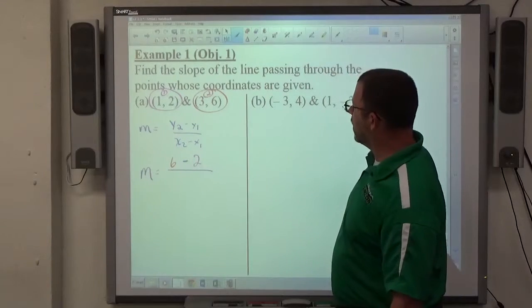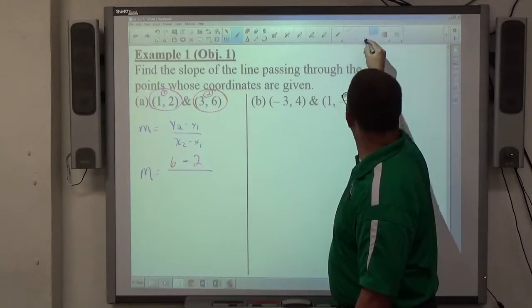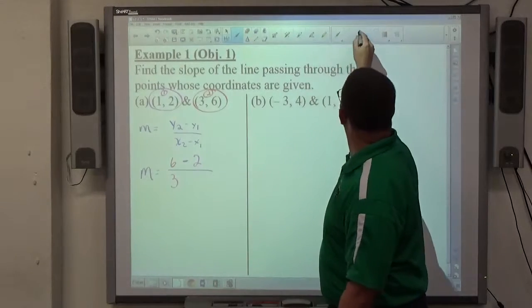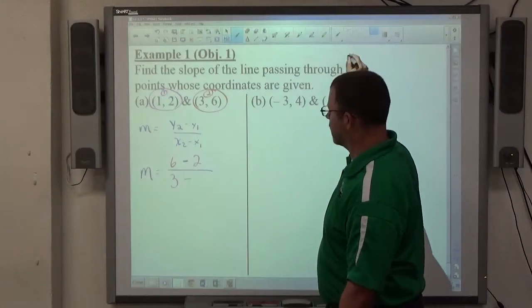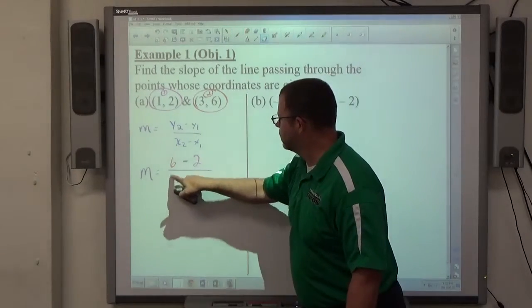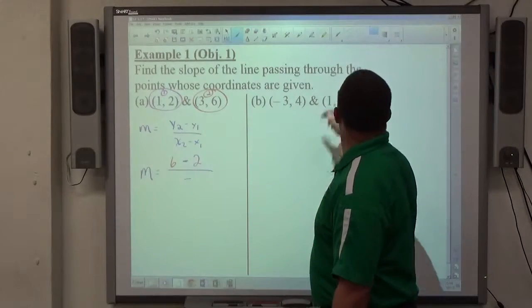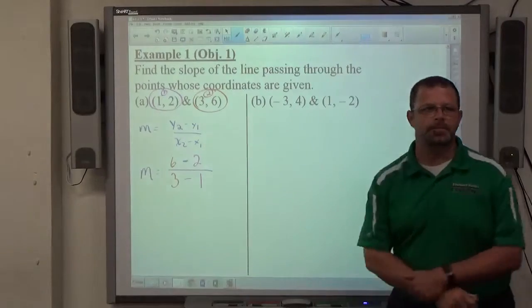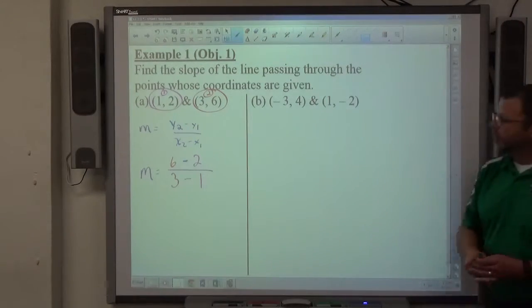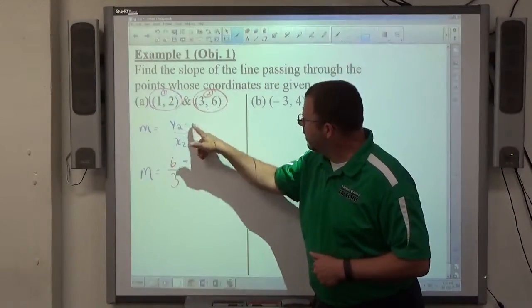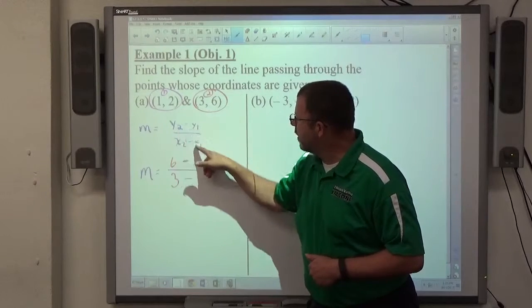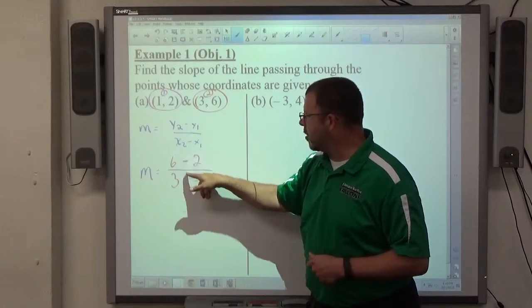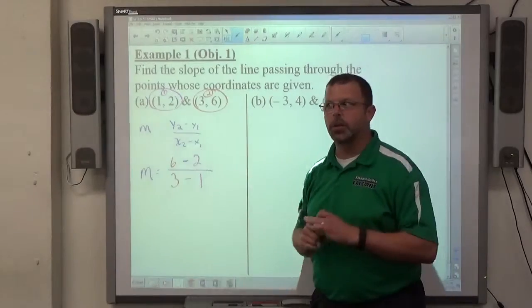All right, and then over 3 minus 1. Okay. So the second Y, the second X, the first Y, the first X. The minus sign is part of the formula, so we just put it in there.